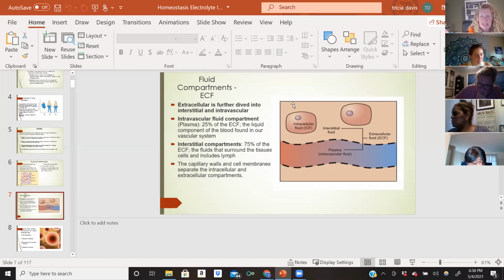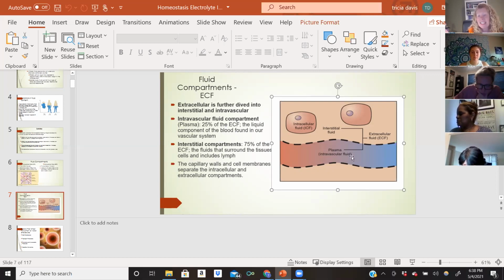Whatever is around this area is going to be your extracellular fluid because it's around this cell. When you talk about like your red blood cells and stuff like that that are located in this plasma, all around that is also going to be extracellular fluid, okay? So it can be in the intravascular or in the interstitial fluid.